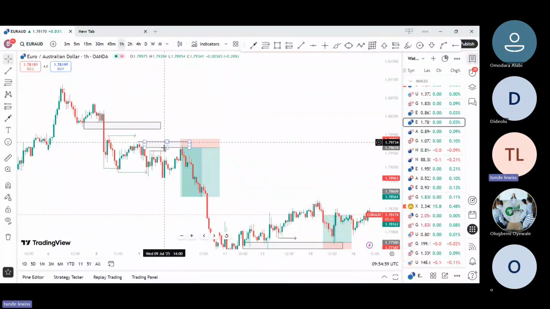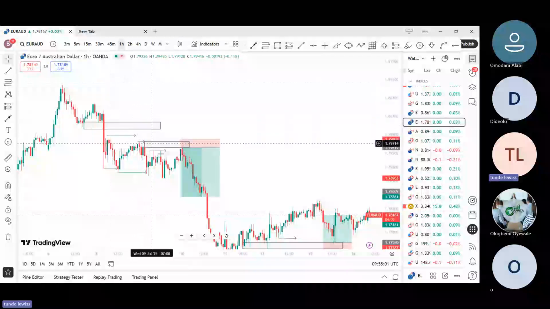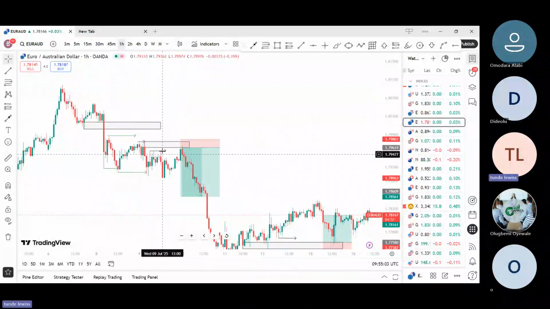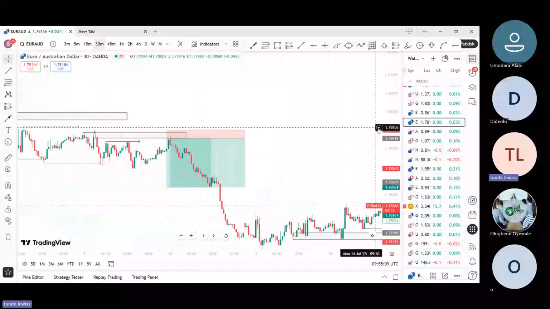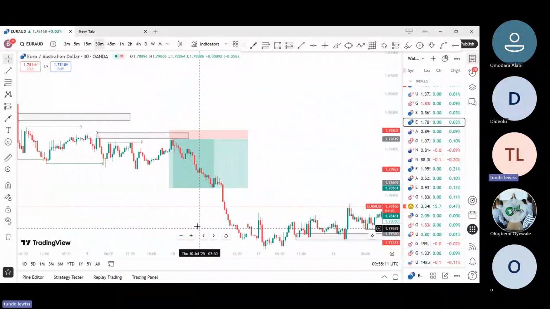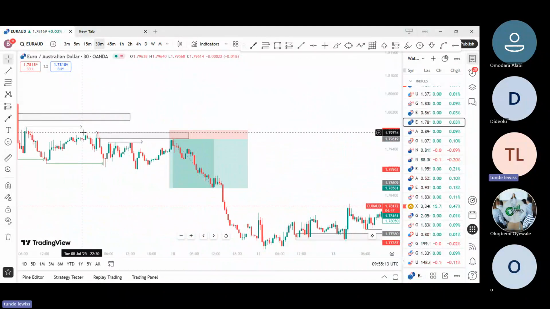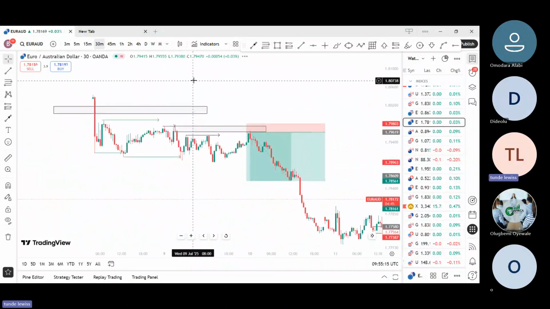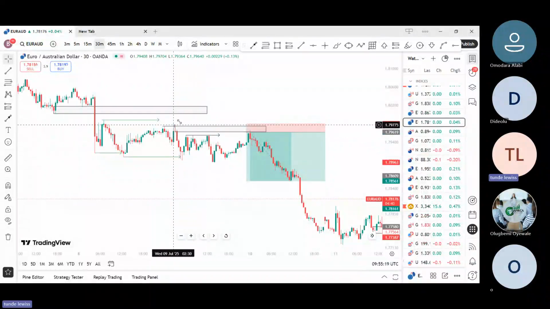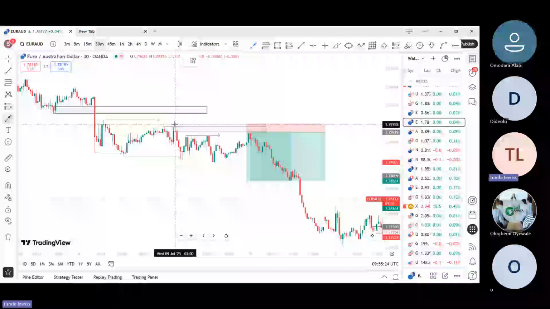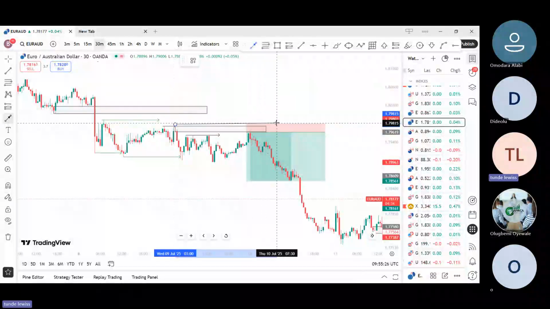Going down to the 30-minute time frame, I was expecting price to react from this breaker, but the market did this rather. I have this sweep here on the 30-minute time frame for a sell, and this was my protected high. I missed this trade.